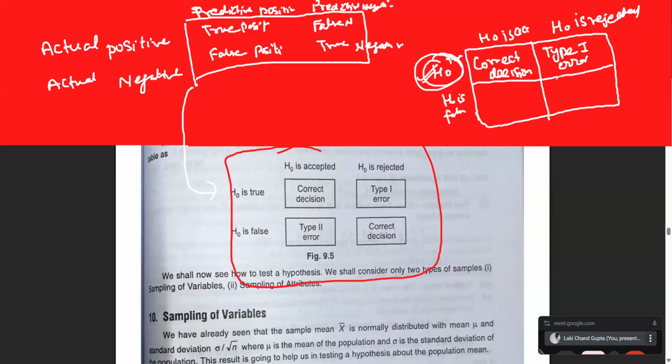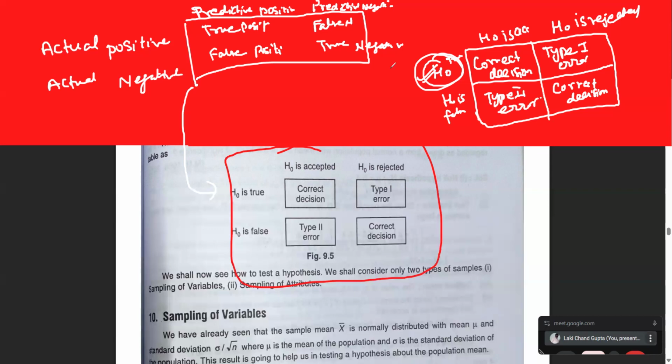If India actually wins, H0 is rejected. But if you suppose India cannot win and it is accepted, India wins, it is type 2 error, right?